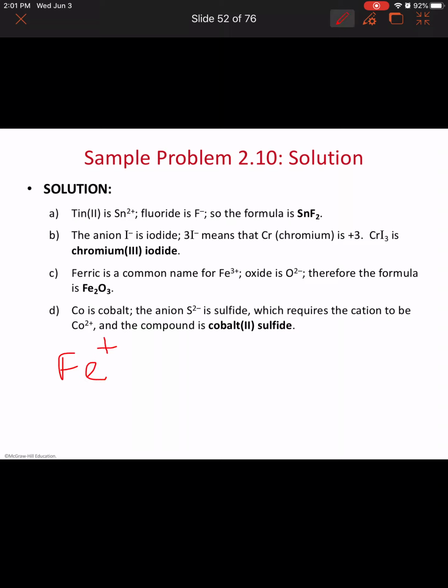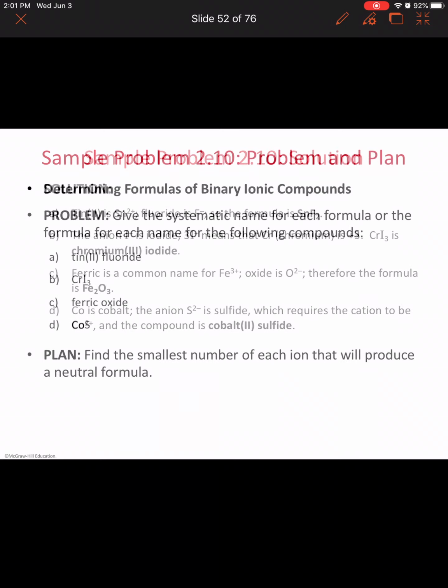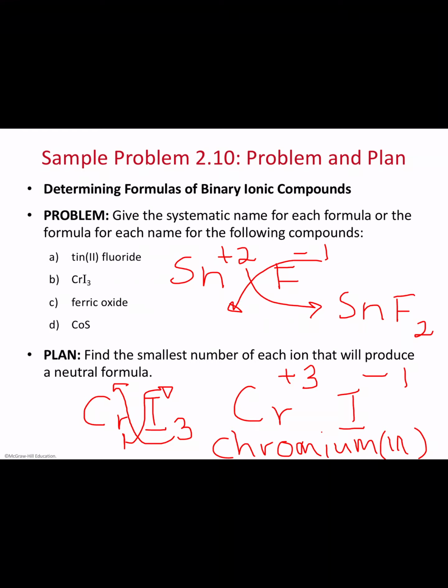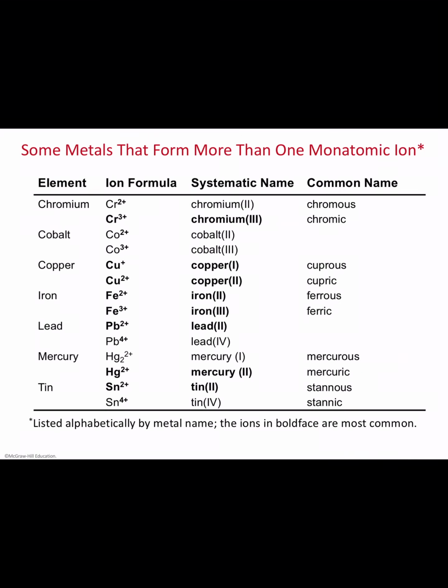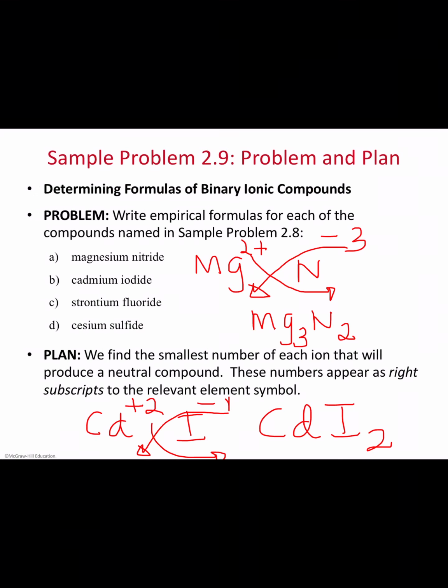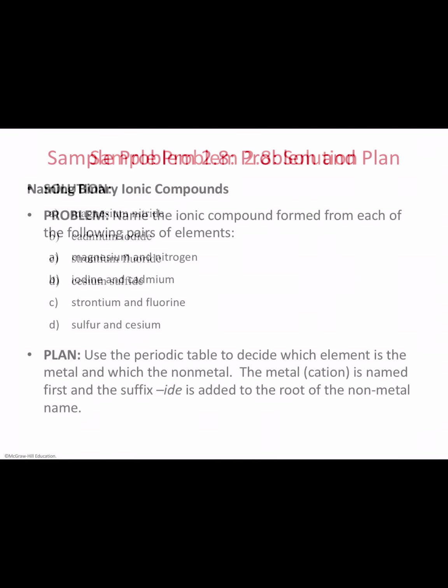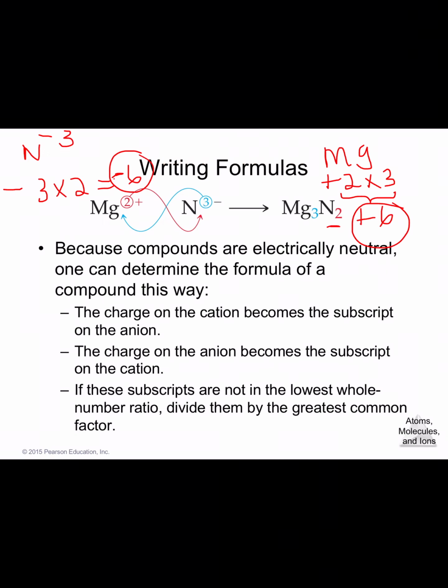Okay, I wrote in the wrong place, but I'm going to write it over here again. Fe, ferric is +3. Oxygen, oxide, -2. So you crisscross to find the formula: Fe2O3. Okay, ferric oxide.